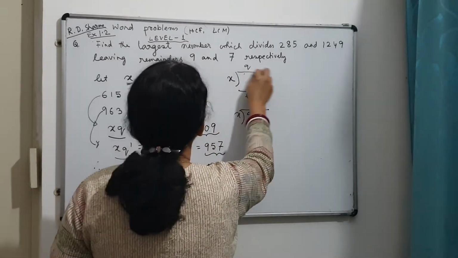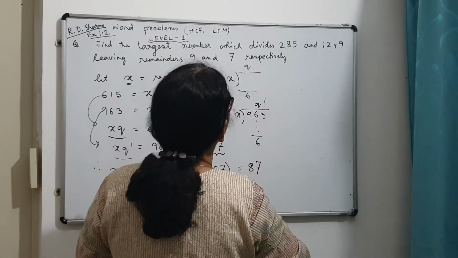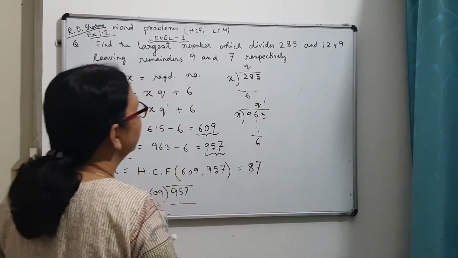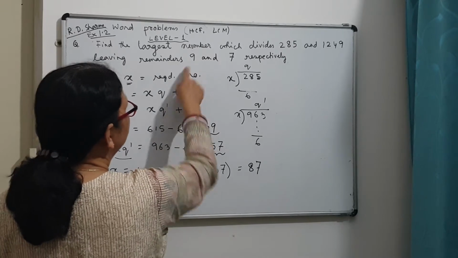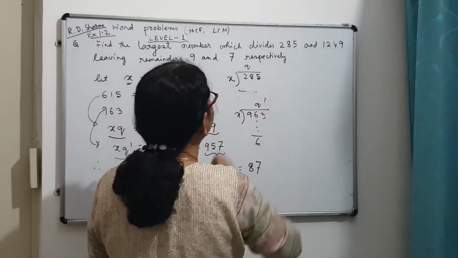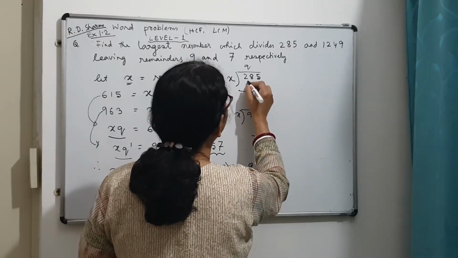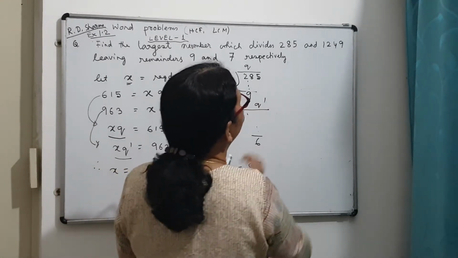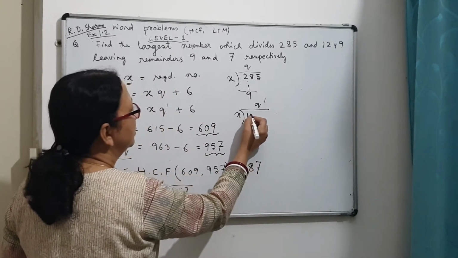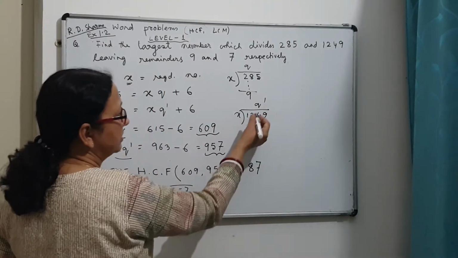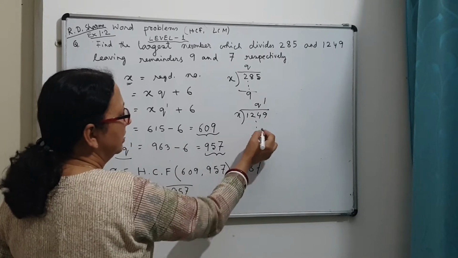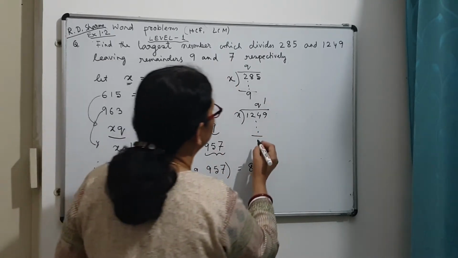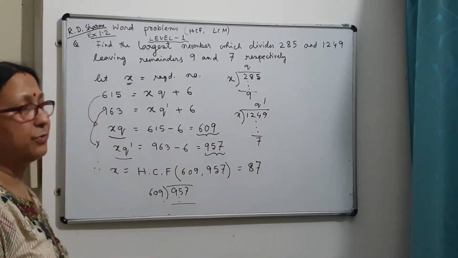Then when I divide this number 285 by x, let q be the quotient, and the remainder will be 9. And when I divide the other number 1249 by x, q dash is the different quotient, and the remainder is 7. So this is the situation, different remainders.